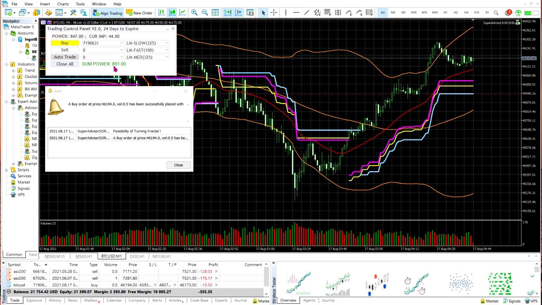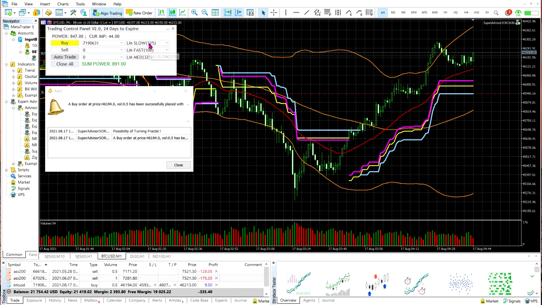As you can see, this position is just appearing in your trading control panel, and the system automatically removes this stop order, the stop loss order.